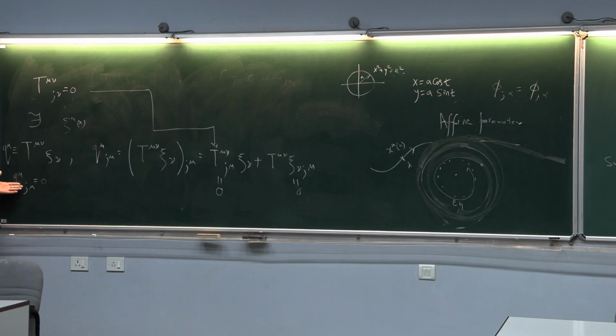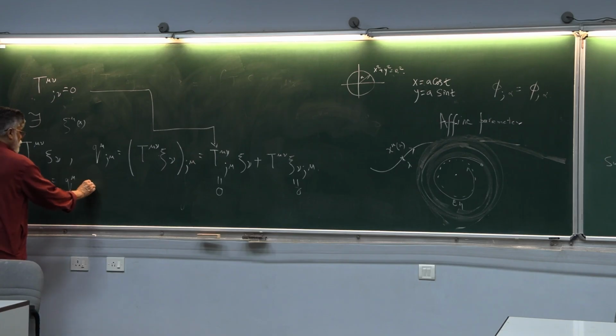But what is q^μ_{;μ}? q^μ_{;μ} is the partial derivative q^μ_{,μ} plus, because it is a contravariant vector, Γ^μ_{μα} q^α.